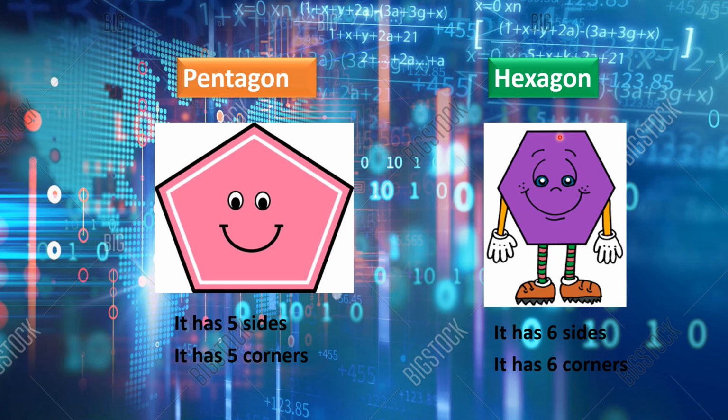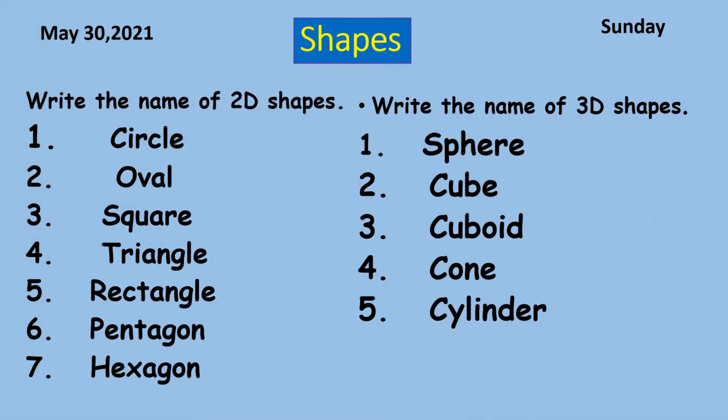It has six sides. One, two, three, four, five, six. It has six corners. One, two, three, four, five, six. Students, draw on paper a five-sided pentagon and a six-sided hexagon. Keep it in mind.